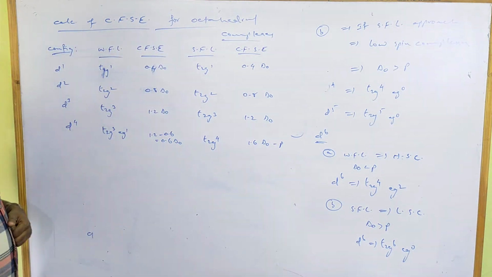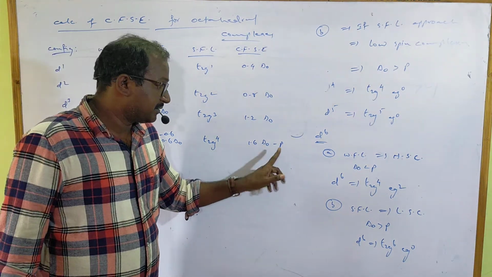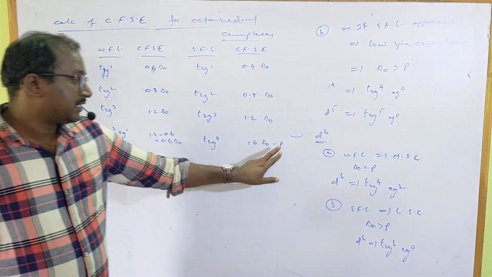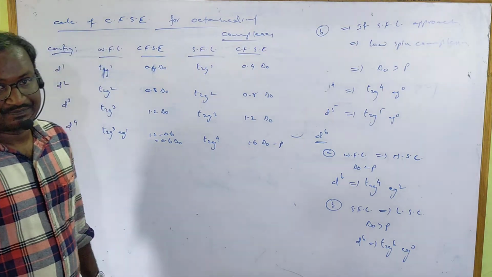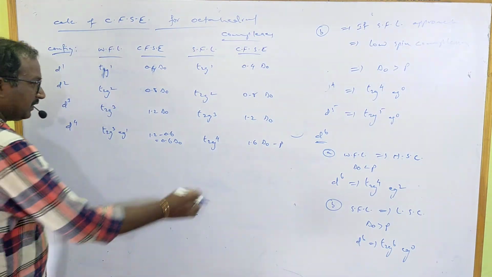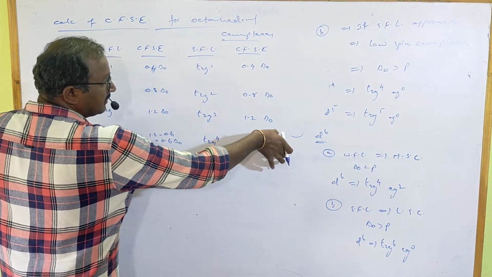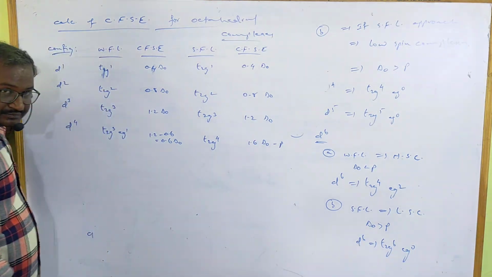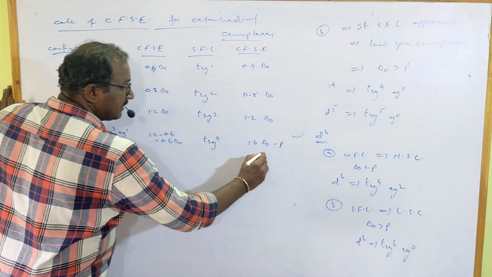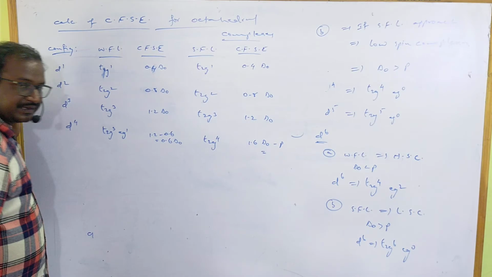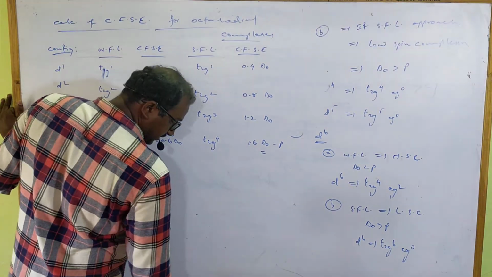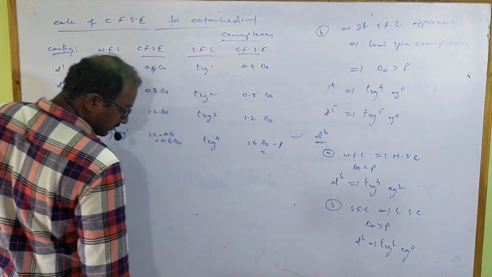Pairing requires some energy, which depends upon the ligand, so from this 1.6, some energy is utilized for pairing. The net will be 1.6 minus P.